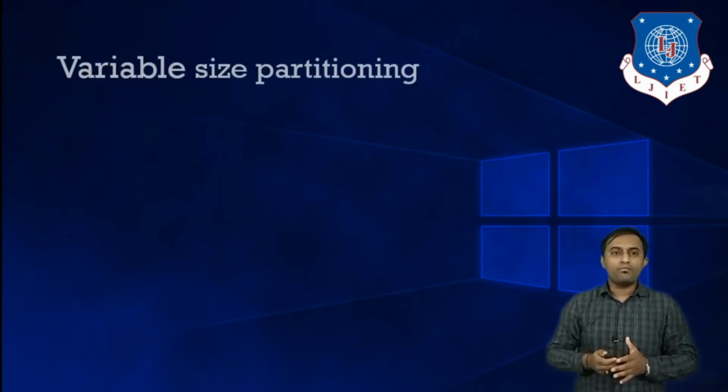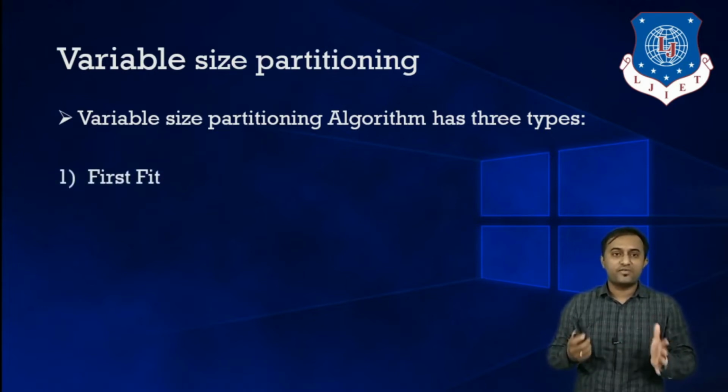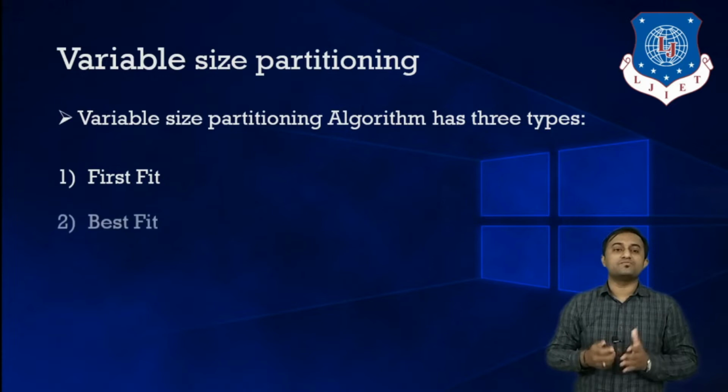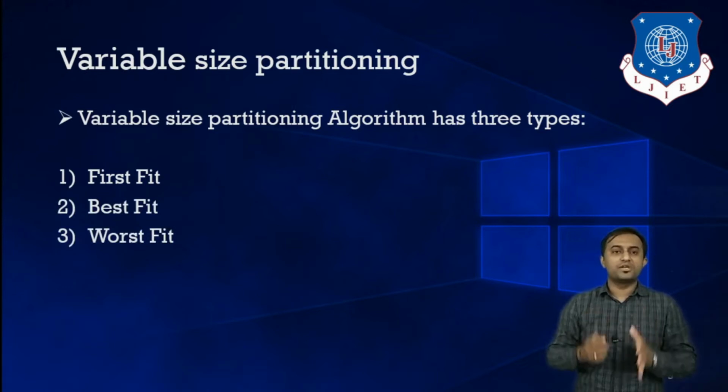In the case of variable size partitioning scheme, there are three main types of algorithm. One is first fit, second one is best fit, and third one is worst fit. These three algorithms we need to discuss with the help of one example.